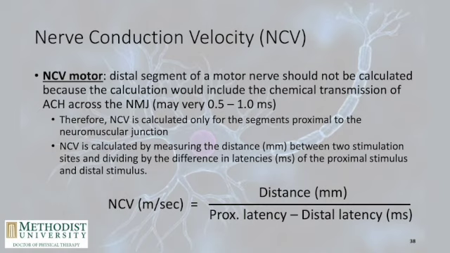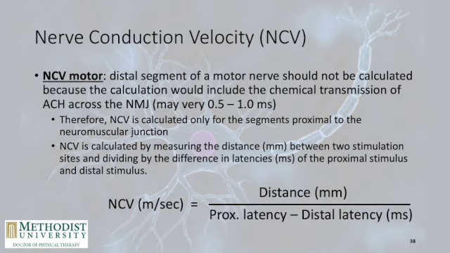Looking at motor nerve specifically, the distal segment of a motor nerve should not be calculated. The reason is that the calculation would include the chemical transmission of acetylcholine across a neuromuscular junction.